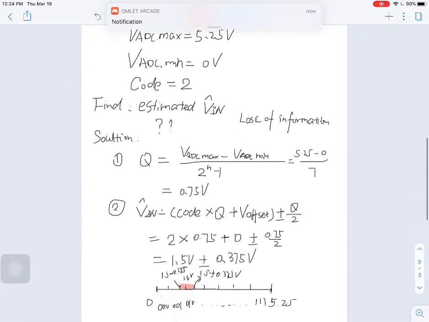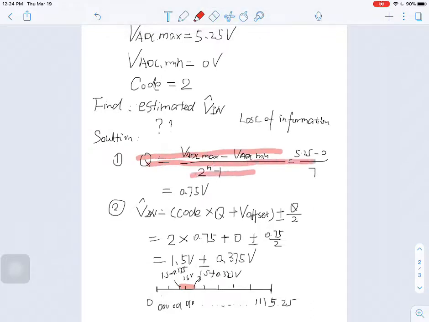In the second example, the first step is the same. Find the Q first. Then after you have the Q, the estimated voltage signal equals the code times Q plus V offset, plus minus Q over 2. That will help you to identify a range of the input voltage signal.